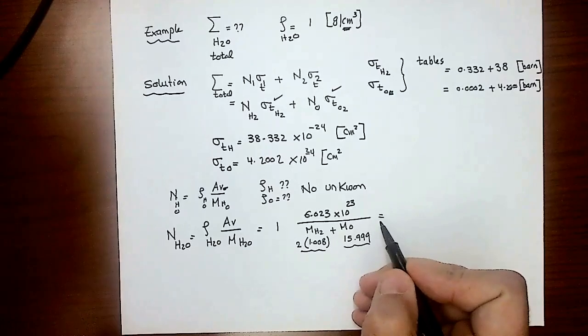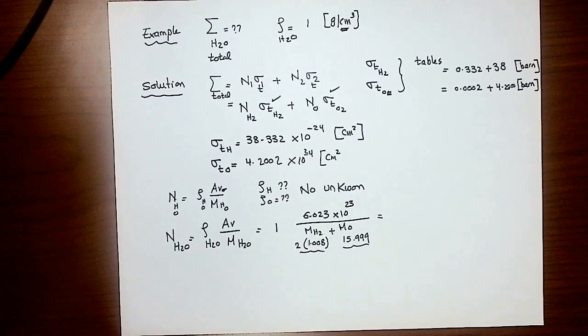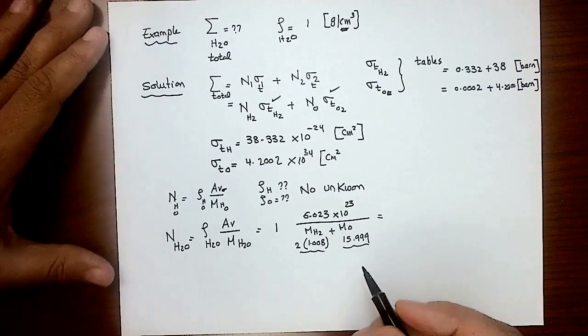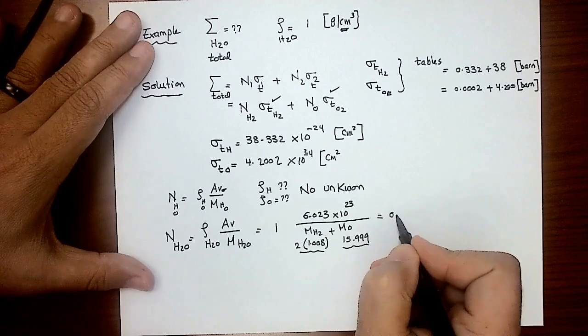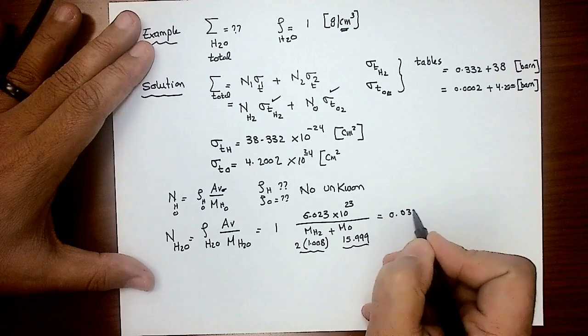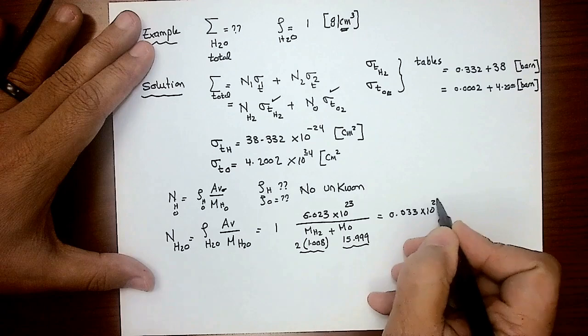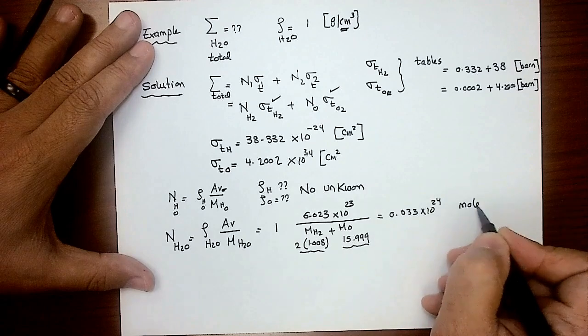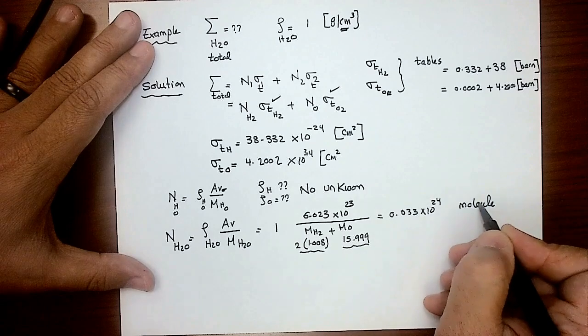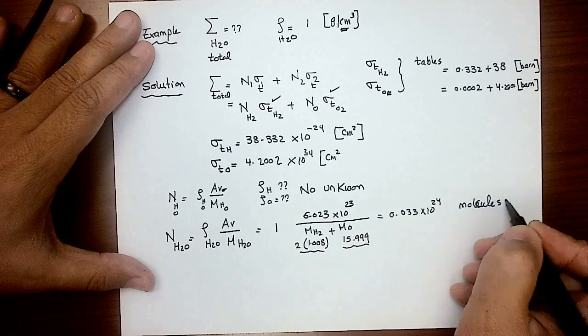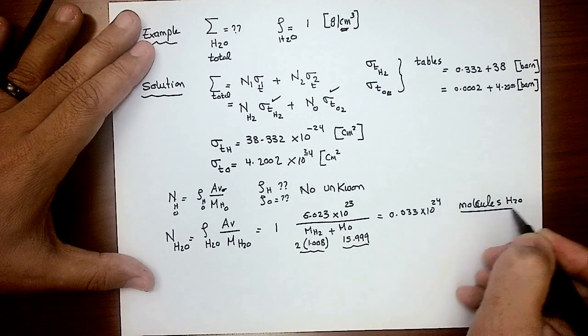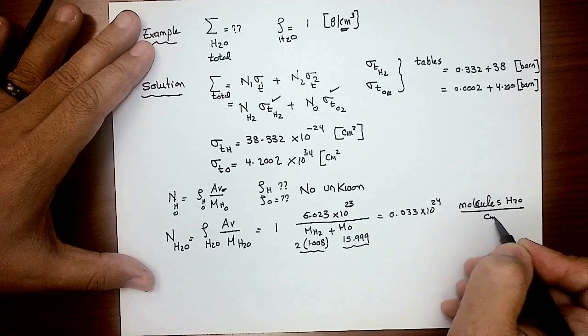Let me check my calculation here. I got that number to be 0.3033 times 10 to the 24 molecules of H2O per unit volume, which is centimeter cubed.